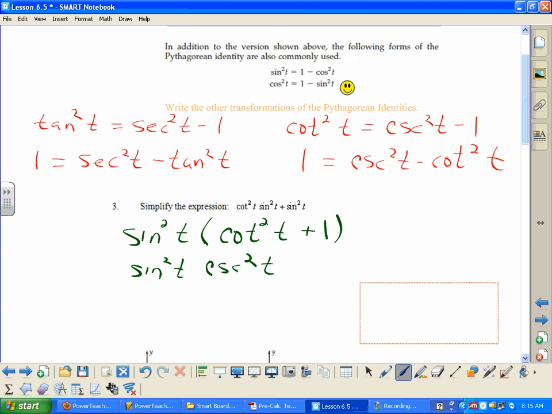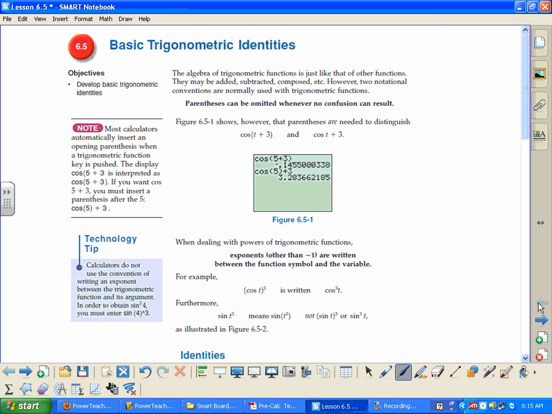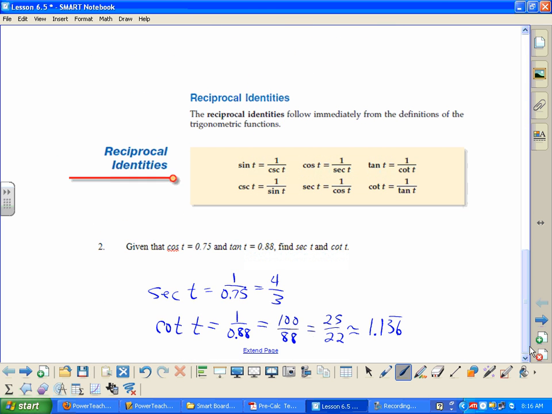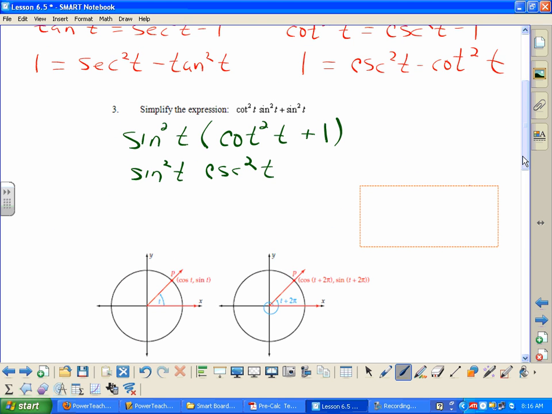Now, if we look over here at our reciprocal identities, cosecant is equal to 1 over sine, and that applies for squares and cubes. It doesn't matter what the power is, I can use it. So I can rewrite cosecant squared as 1 over sine squared. And sine squared times 1 over sine squared is equal to 1.